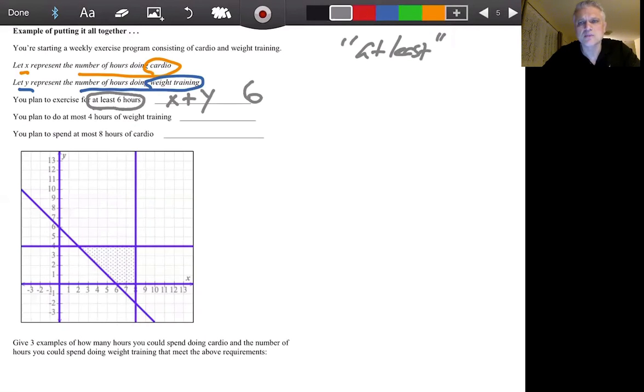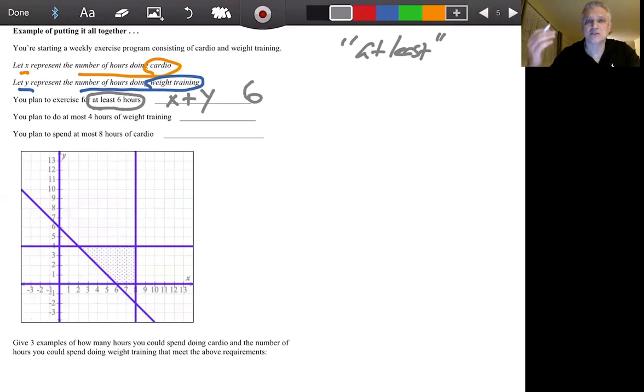What inequality symbol goes with at least? Well, let's say that you are pricing sneakers and you say, I have to pay at least $100.